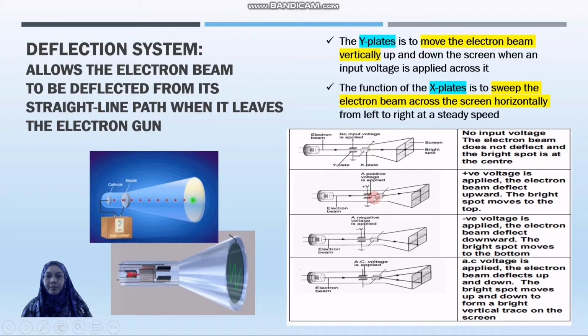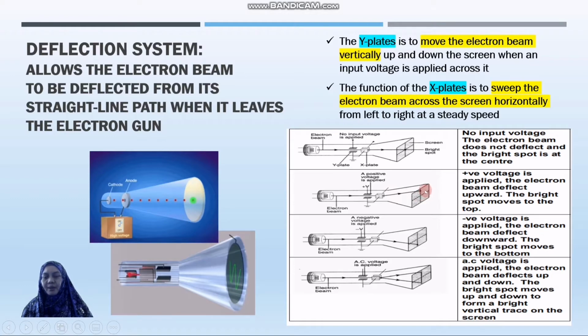Okay, for example, in diagram number 2, what happens when we connect a positive voltage to the right side of the X plate? The X plate is placed horizontally while the Y plate is placed vertically. So connect a positive voltage to the right plate of the X plate. The electron beam will be deflected or shifted to the right.